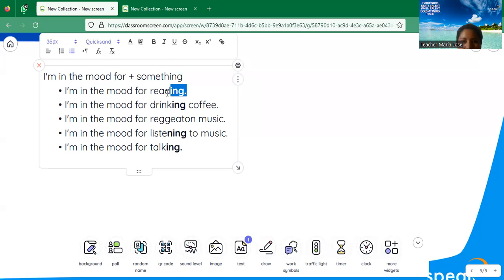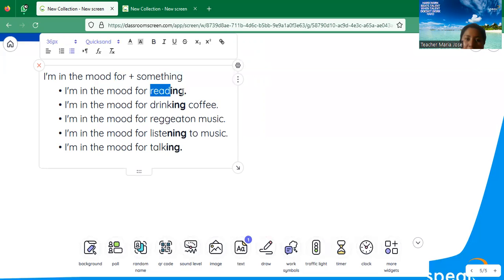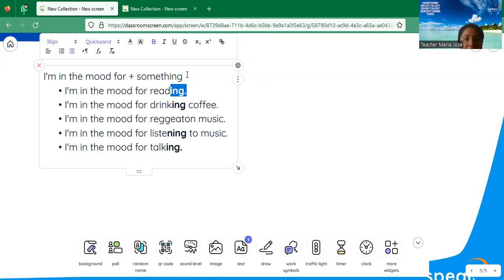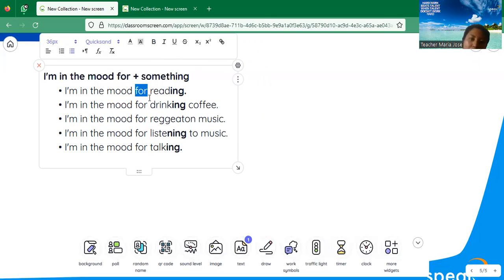For example, if I have the verb read, what is the ending here? Ing. So when we use this structure, make sure that the verbs that you use are in ing because we have for, okay? For reading, for drinking.